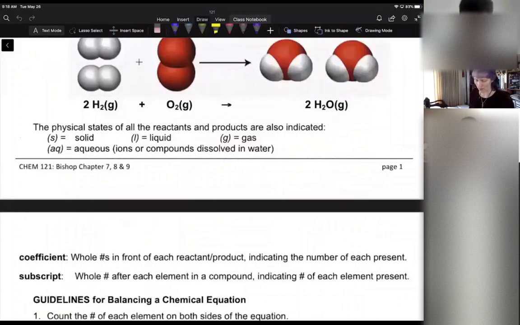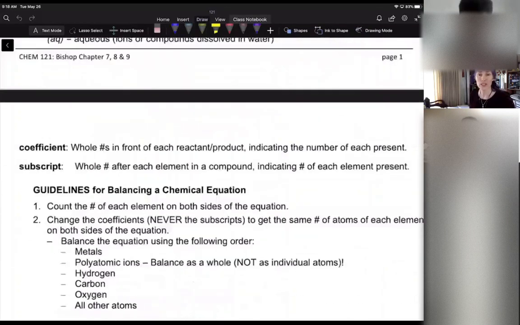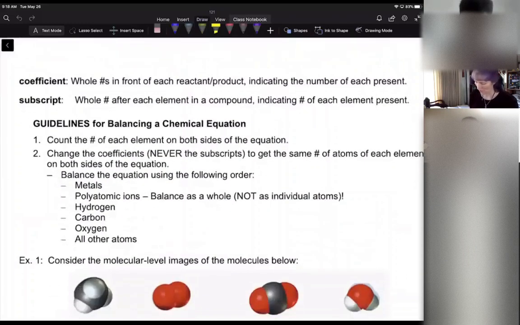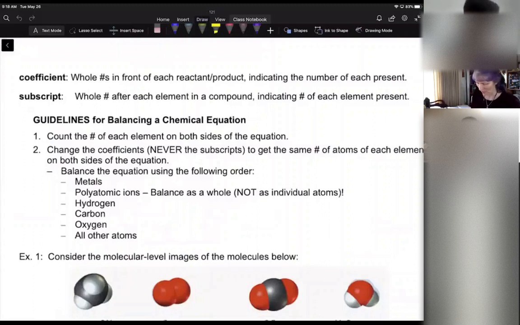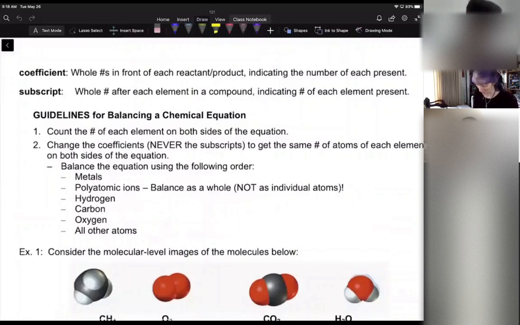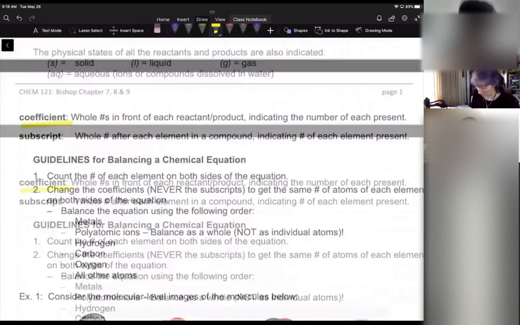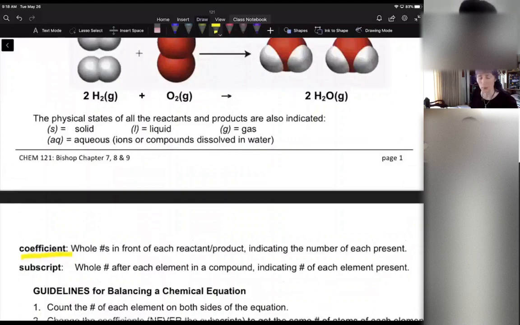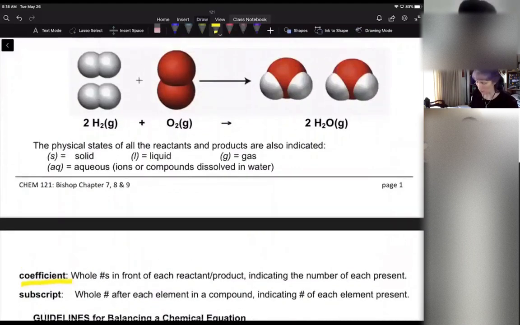All right, so when we have our chemical equation, we have 2 important components. One is the coefficient, and that tells us how many. Like in this picture up here, these are the coefficients. It takes 2 of those hydrogen molecules with 1 oxygen. We don't have to write the 1. And they're going to rearrange and form 2 water molecules.